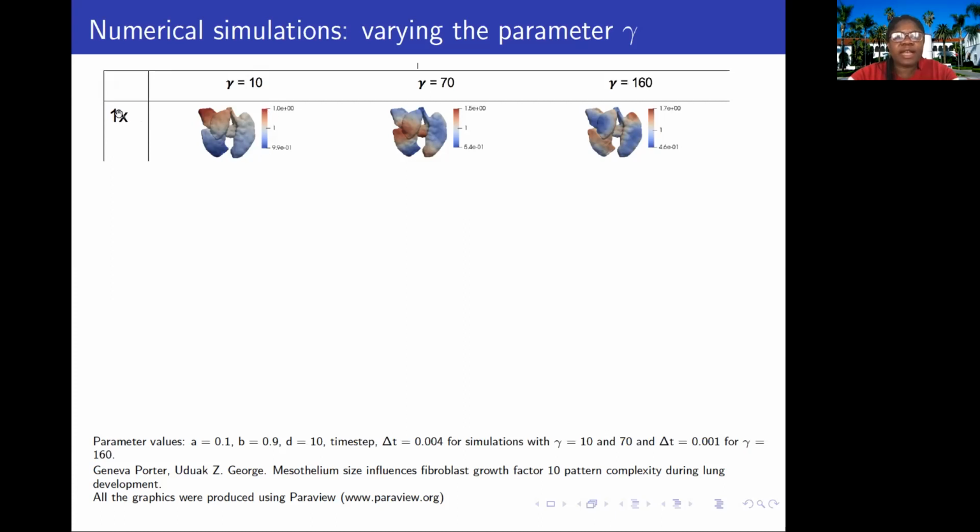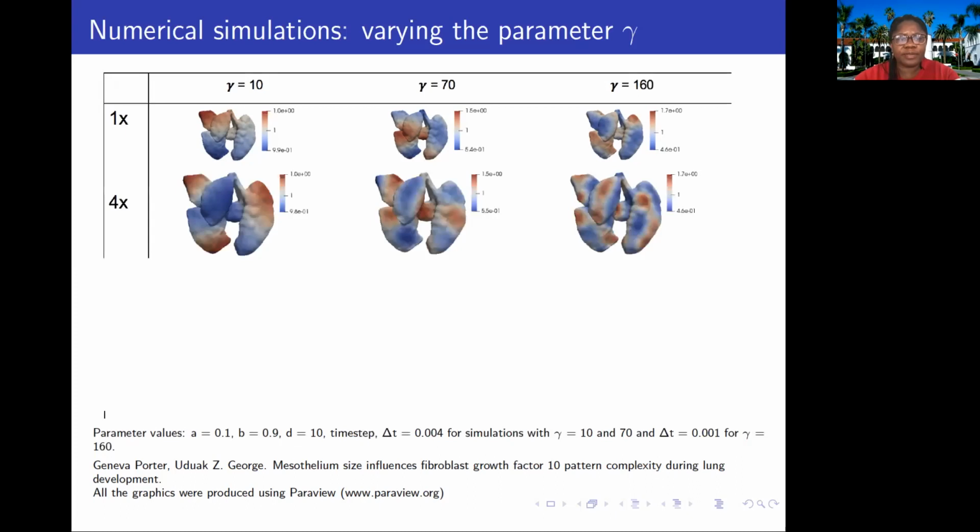With 1x, in other words the original size of the lung we had, in the first row we have gamma equals 10, gamma equals 17, gamma equals 160. In other words, we are increasing the size of the lung from left to right. We didn't see sufficient patterning, but we know that the patterning changes with the size of the geometry, where gamma represents the size of the geometry. As you increase gamma, it corresponds to increasing the size of the geometry.